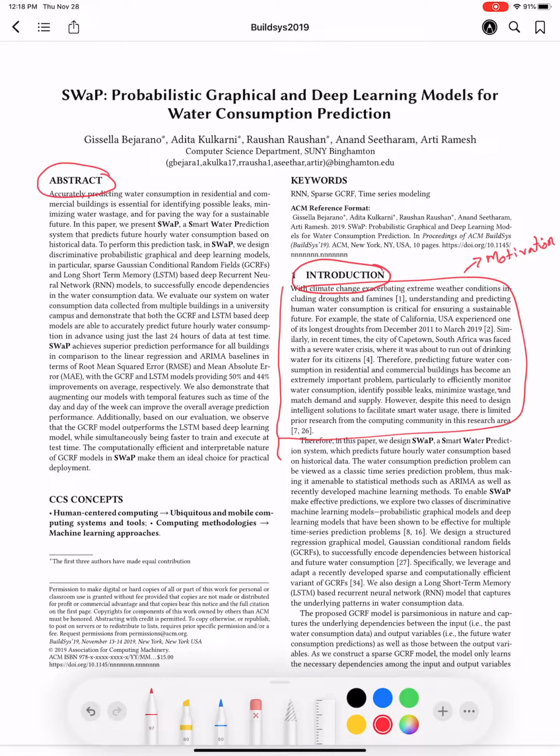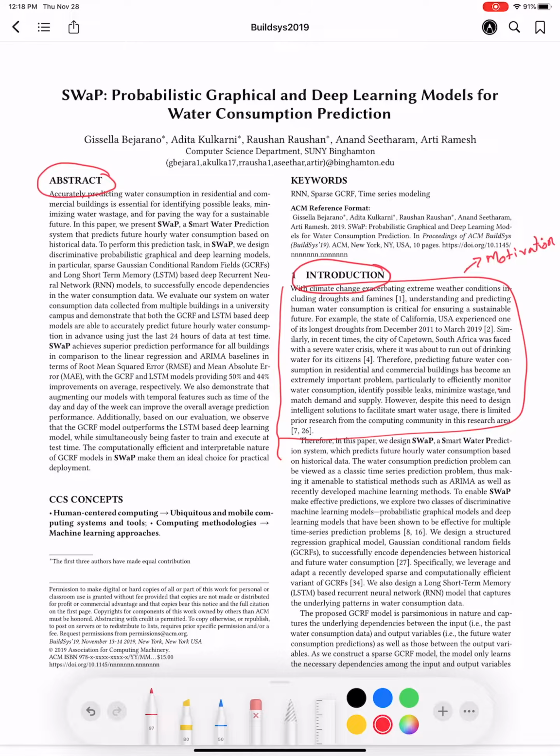And as you can see, we have presented some data showing why this is an important problem to study. Now, sometimes it's not just done in one paragraph. You can take a couple of paragraphs to actually motivate your work. There is no hard and fast rule, but that's what you do.